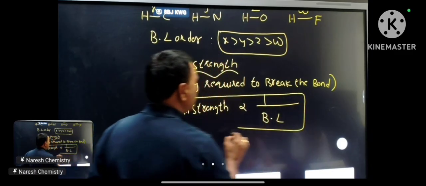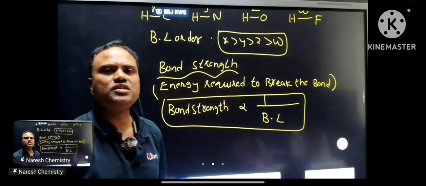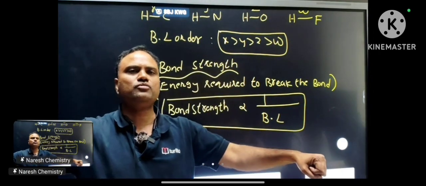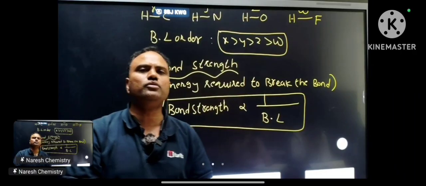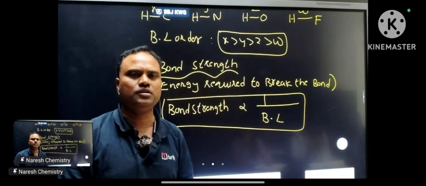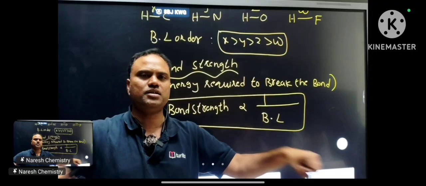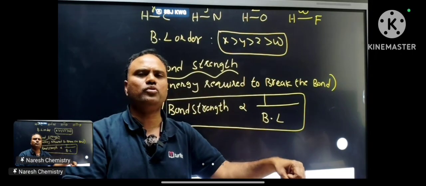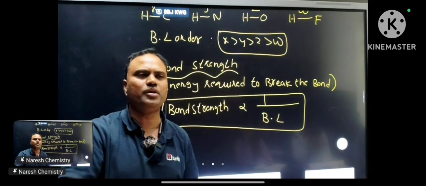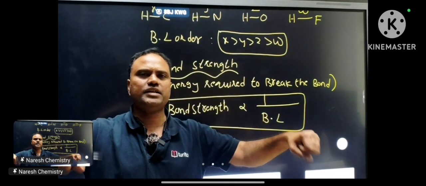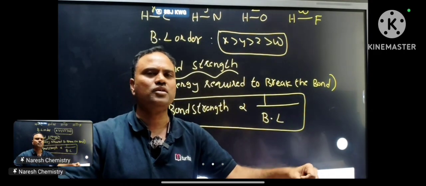If bond length is more, bond strength is less. Means if the length between the atoms is more, you can break easily. You need not use more energy to break it. Clear? If two atoms are arranged with a large distance, you can break the bond between them easily. You need not apply more energy. Bond strength is less. Why? Because both are arranged at a distance. Attraction forces are less. You can break easily.